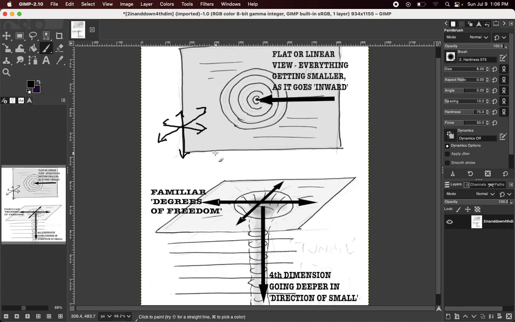So 3 degrees of freedom. So if we can go inward infinitely, that is a fourth direction, a fourth degree of freedom.